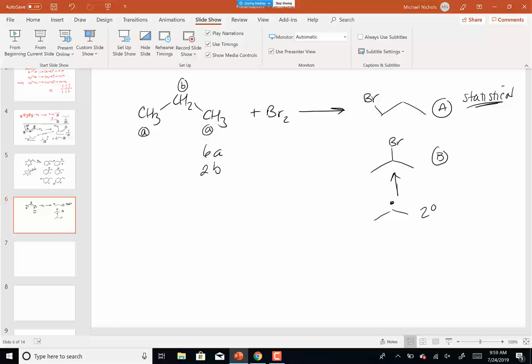Does that argument make sense? So I've got 2 arguments here for forming A and B. And the statistical argument will always go against the stability of the radical. Because the more hydrogens you have attached to the carbon, the less stable the radical is going to be. So these 2 arguments are opposing each other.